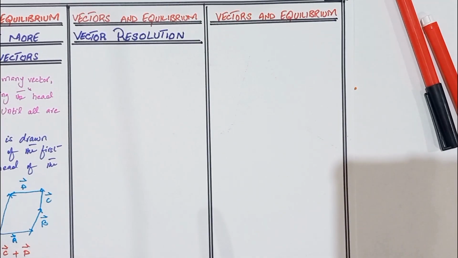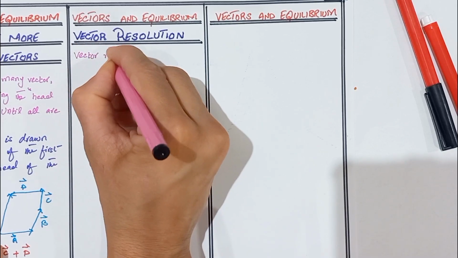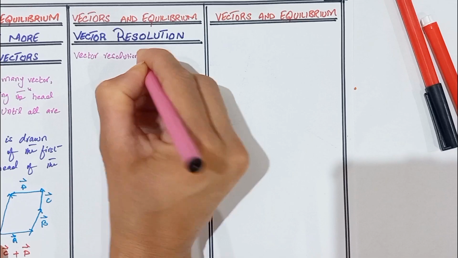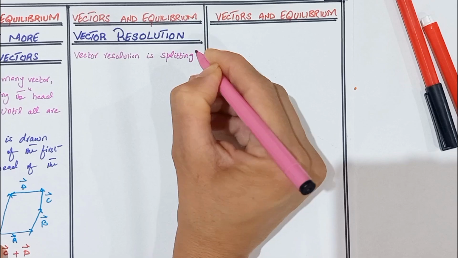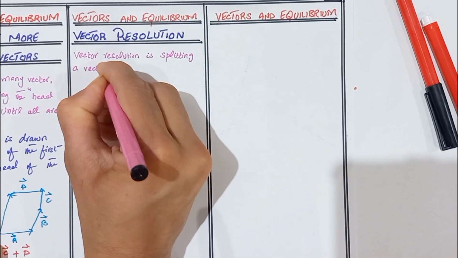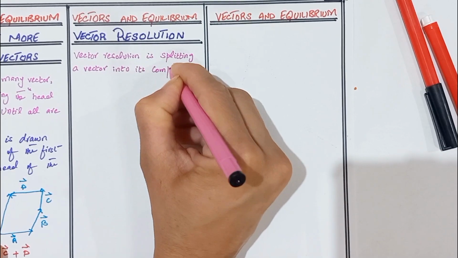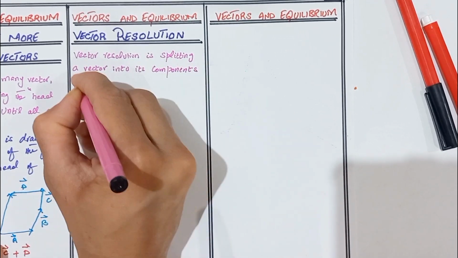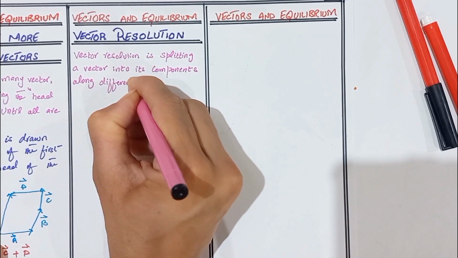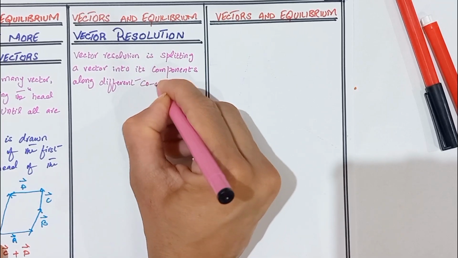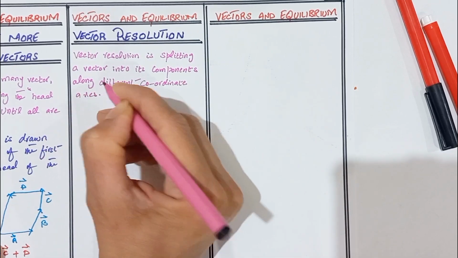Now we discuss the vector resolution. What is the vector resolution? Vector resolution is splitting a vector into its components along different coordinate axes.